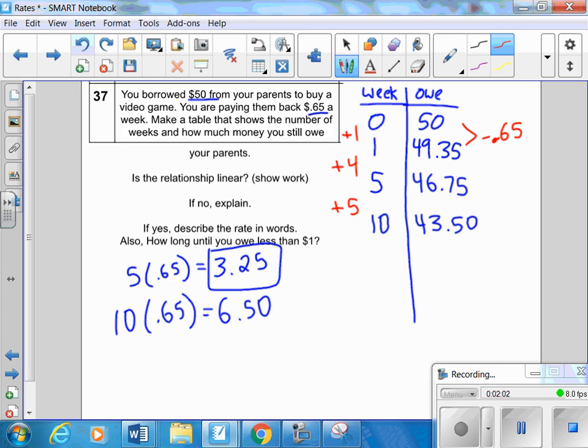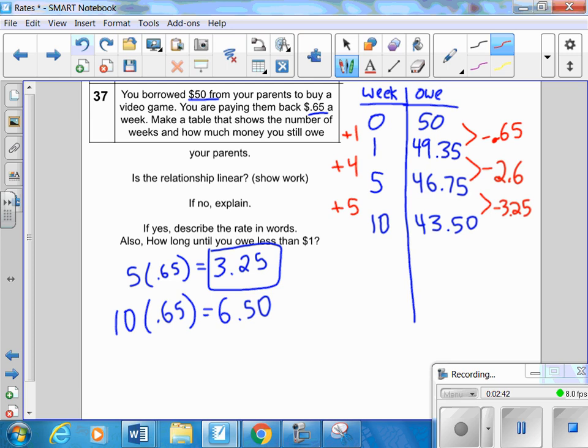If we go from 49.35 to 46.75, let me go ahead and subtract that. 46.75 minus 49.35, so we're subtracting 2.6. And then finally here, 43.5 minus 46.75, and that means we're going down by 3.25.